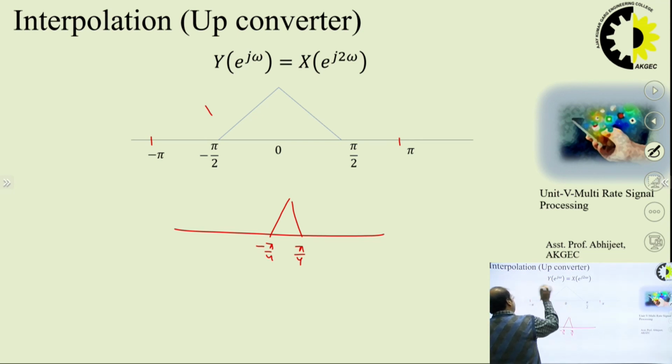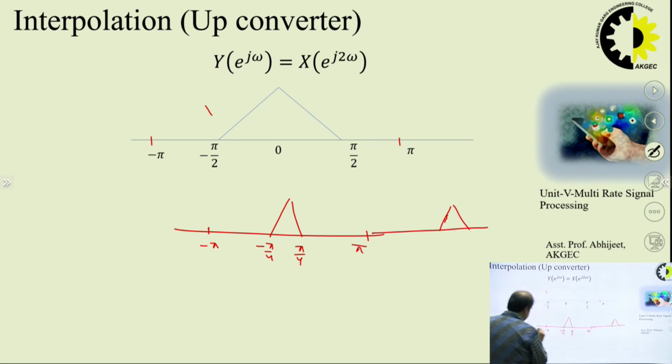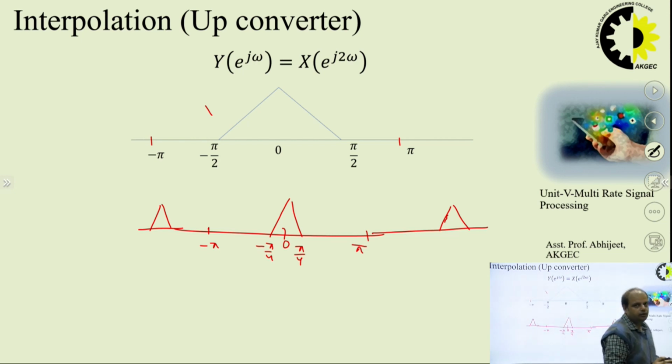But if I am drawing from this perspective, it still needs to be periodic, and this shall repeat always. So if I am plotting capital Y of e raised to j omega, it should repeat. It should be at 0 and at multiples. The periodicity of capital Y of e raised to j omega should be kept in track while plotting the spectrum for interpolation.